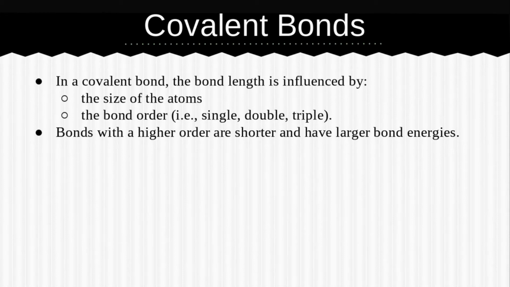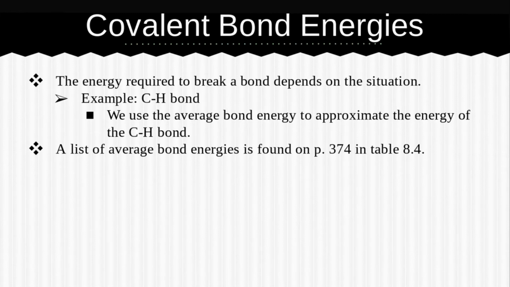So a triple bond has more energy than a single bond, and it's also a shorter bond. The energy required to break a bond depends on which elements are bonded together, and it also depends on what type of bond it is, single, double, or triple.